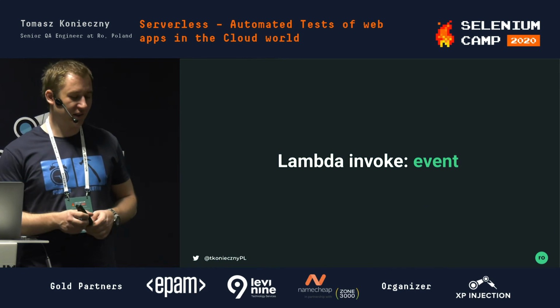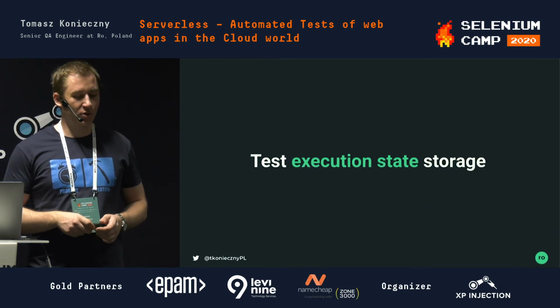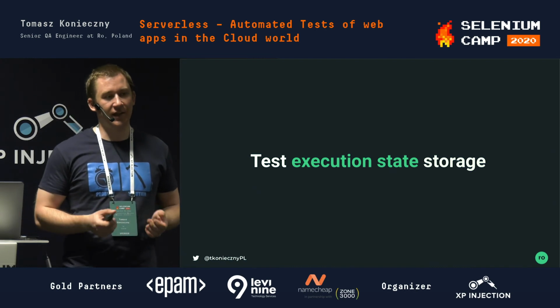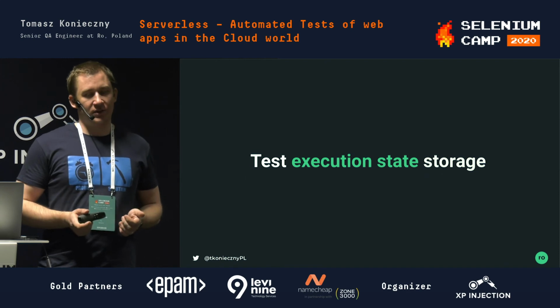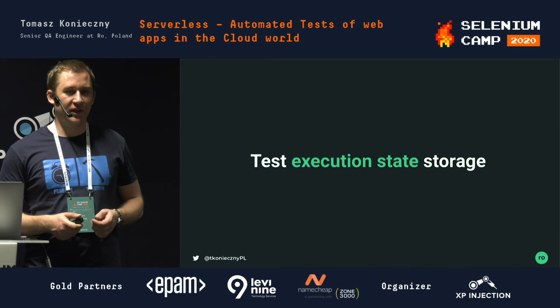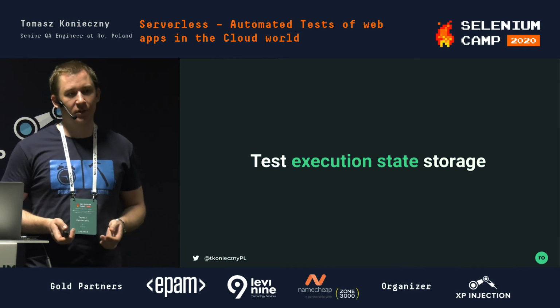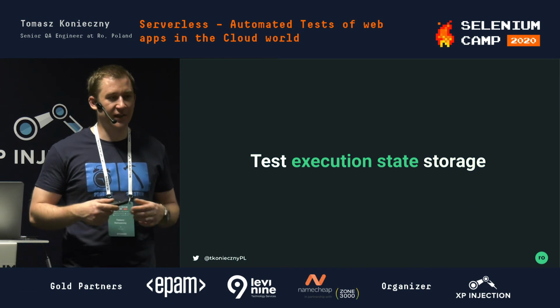The only difference here is that we will need some result storage. For example, we can use a database like DynamoDB, and that's what I used. Lambda, after the execution of the test, will update the specific test case ID in our database.